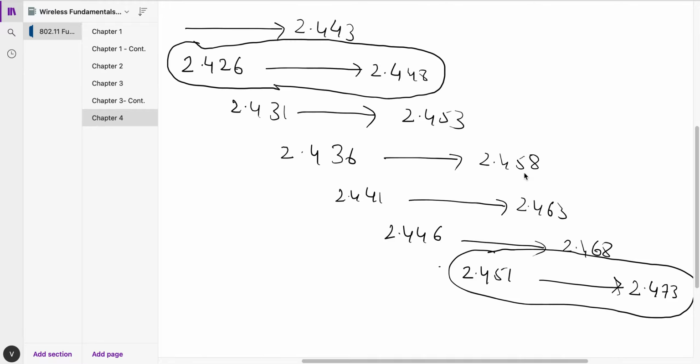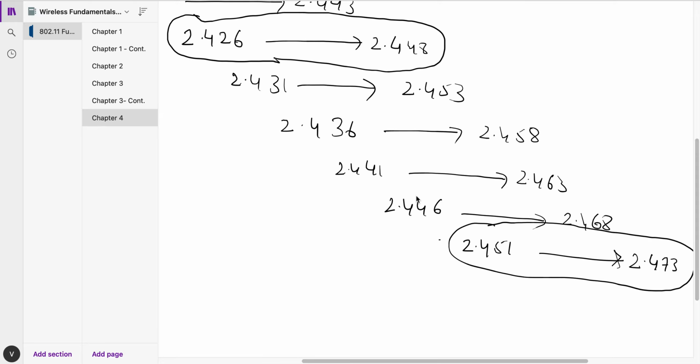The ending frequency of channel number 6 is 2.448 and the starting frequency of channel number 11 is 2.451 gigahertz, which means there is no overlap of frequency between 6 and 11 as well.